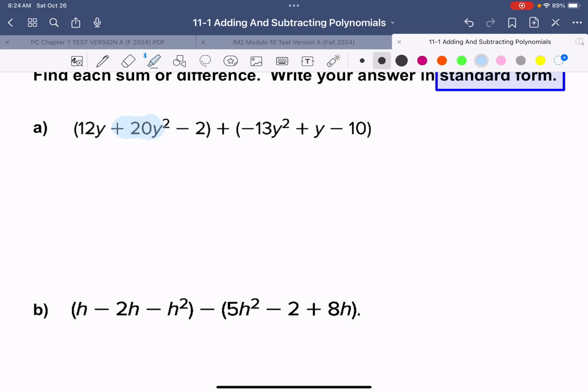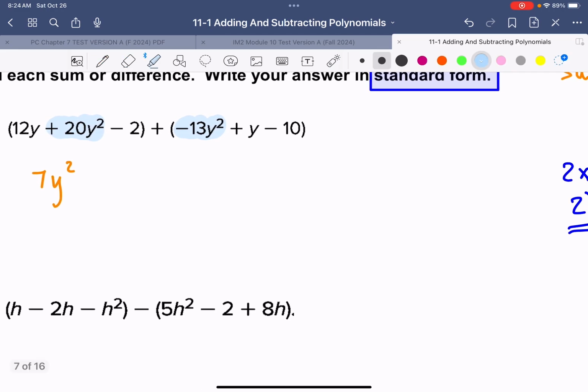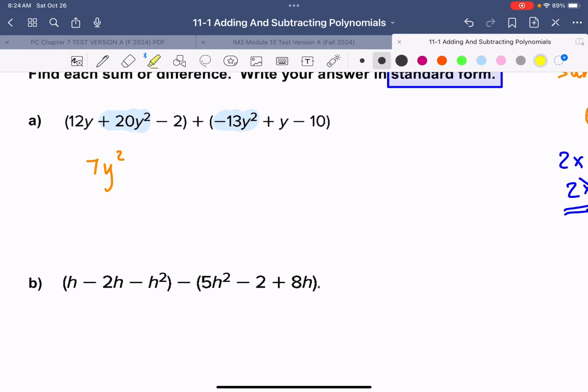So we have our y squareds that can be combined, which will be 7y squared. Next, we can combine our 12y with a 1y, making 13y.